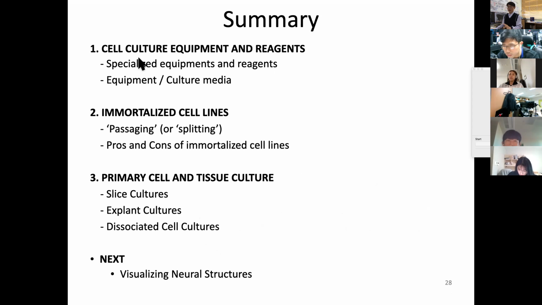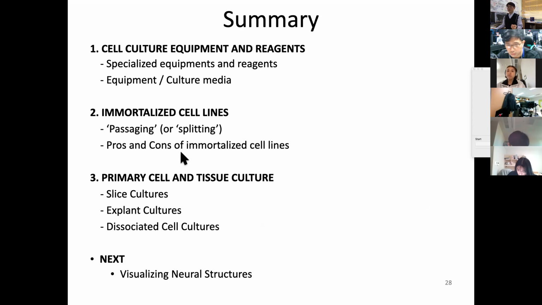So I know those who have done many of these could find it easy, but there are new people. So for culture, we need special equipment, reagents and culture media. And sometimes we use immortalized cell lines by growing them, splitting, passaging, but we have to understand the pros and cons of cell lines.